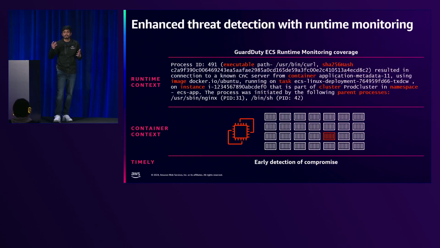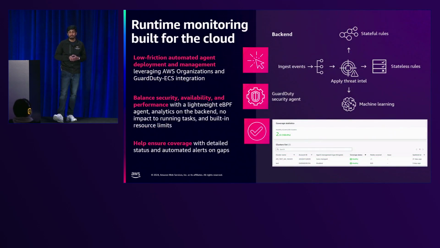So when you have lots and lots of containers, it is very important to find out which specific container is having this particular security threat. GuardDuty easily helps you with that finding type, and it also gives an early detection of compromise. So how is GuardDuty able to get that information? GuardDuty uses a lightweight, fully managed security agent that adds visibility into individual container runtime behaviors.